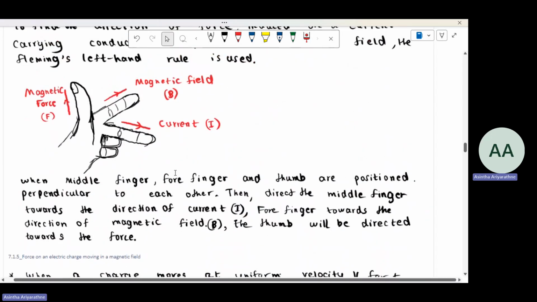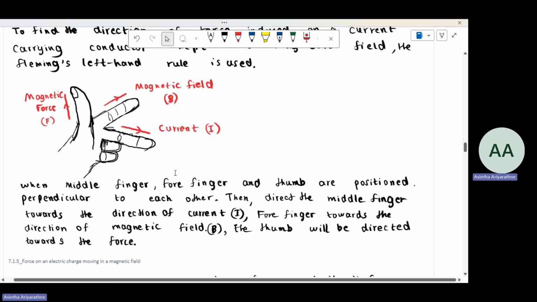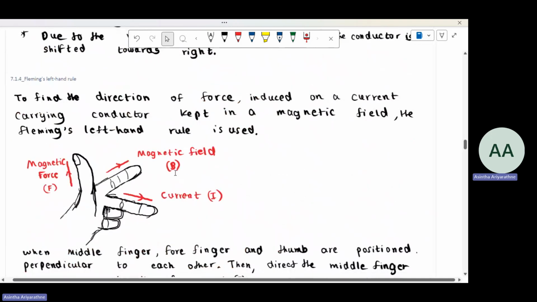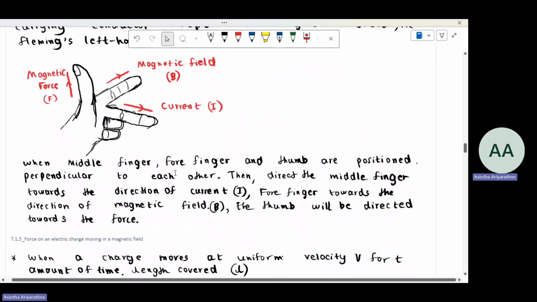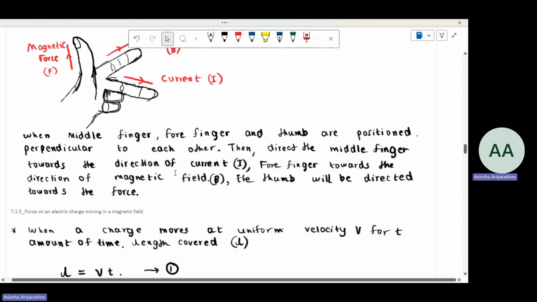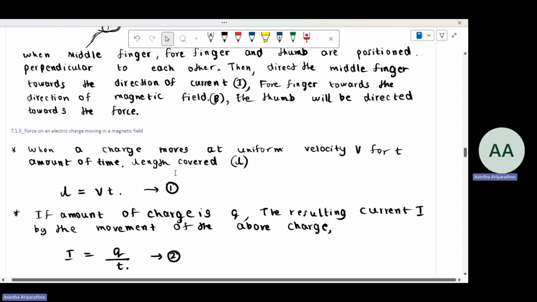From Fleming's left hand rule, we can easily find the direction of the magnetic force applied on a current carrying conductor.